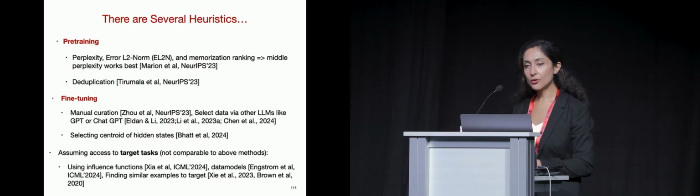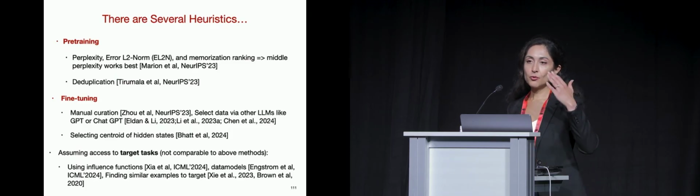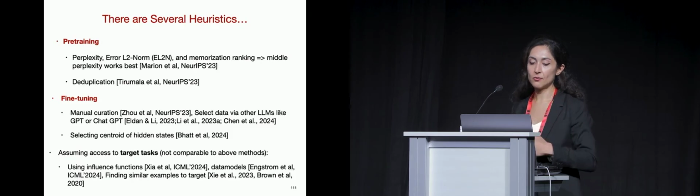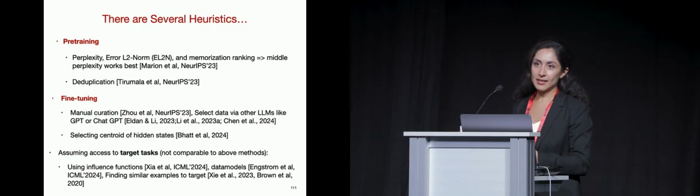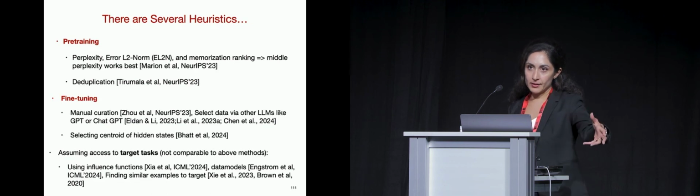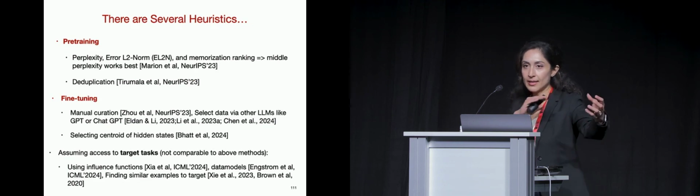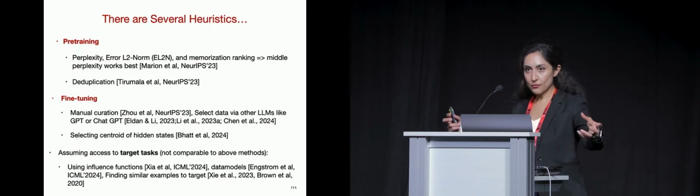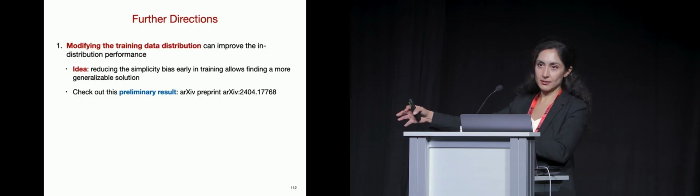Okay, there is another line of work which I want to mention, and this is a slightly different line of work. It assumes that we have a target task at hand, and then we can directly select some of the training data that maximizes the performance on this target task, right?